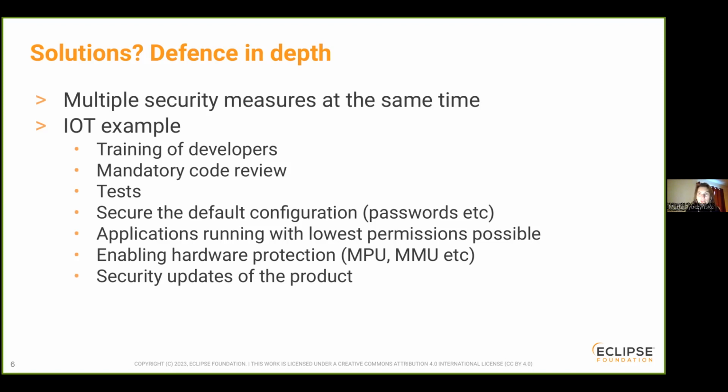Developers who are well trained will make fewer bugs. Code review is going to remove even more of them. Tests won't let regressions in, and so on and so on. All of those techniques will work together.